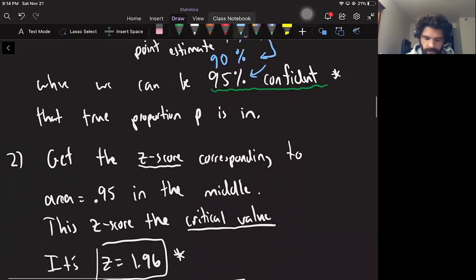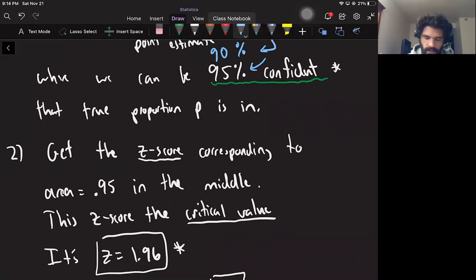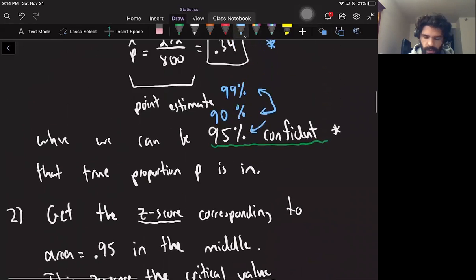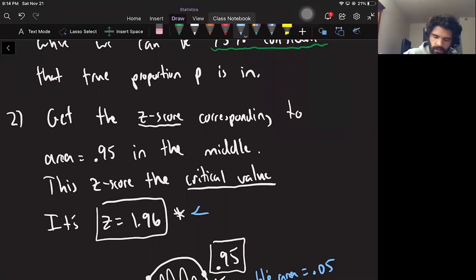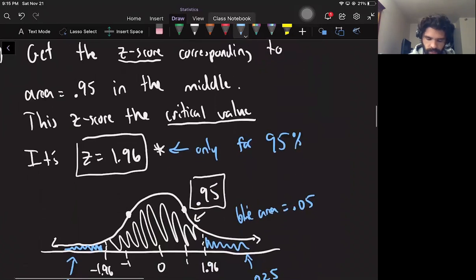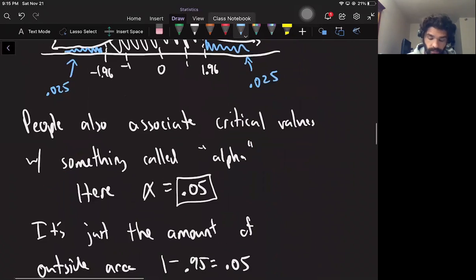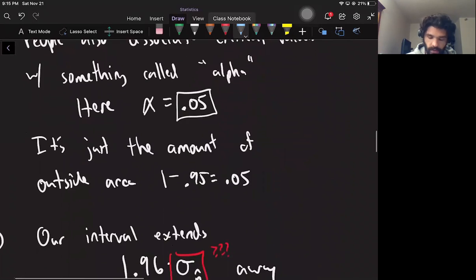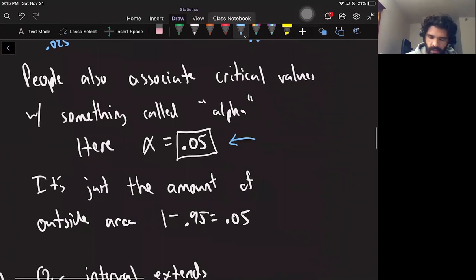And so then I will put on the lecture problems the z-scores, the critical values for these other ones. So this critical value is only for 95% confidence level. If you use 90% or 99%, you're going to use a different critical value, a different z-score. So then your alpha will be a little bit different, but the alpha doesn't really come into play.